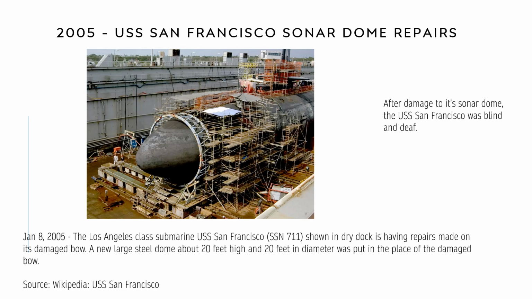So this picture shows the USS San Francisco, which was dry docked in order to make repairs to the sonar dome after... and here I'm gonna take a little bit of a leap, and I'm gonna say the USS San Francisco was dry docked because it had suddenly become blind and deaf inexplicably. And when they made the repairs, they replaced the steel dome with a much thicker, much more hardened steel dome on their sonar dome.